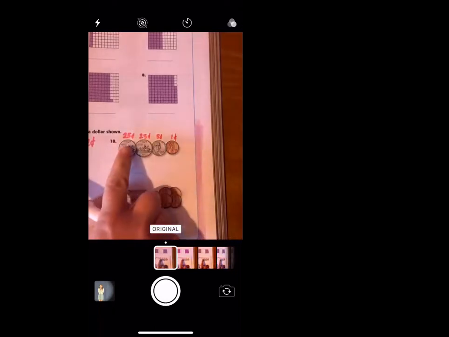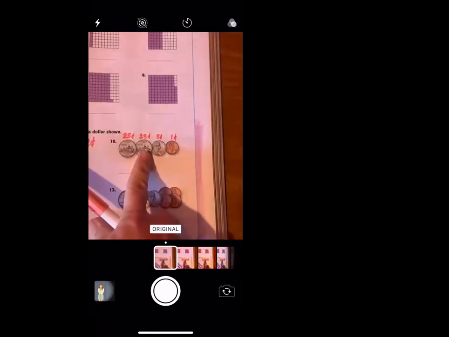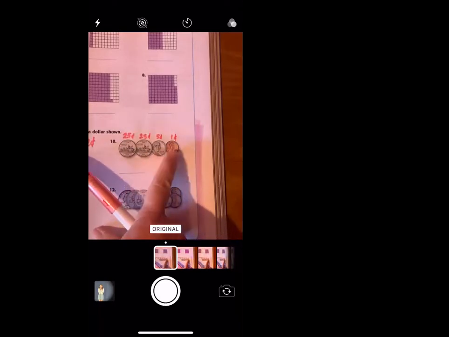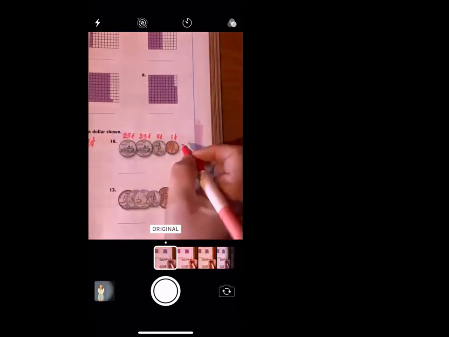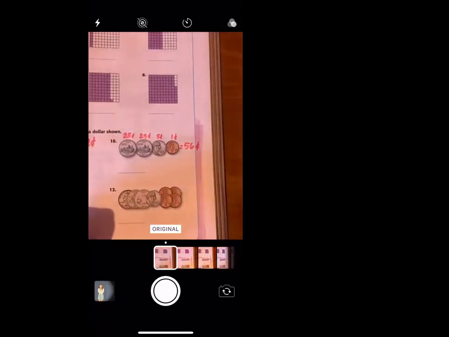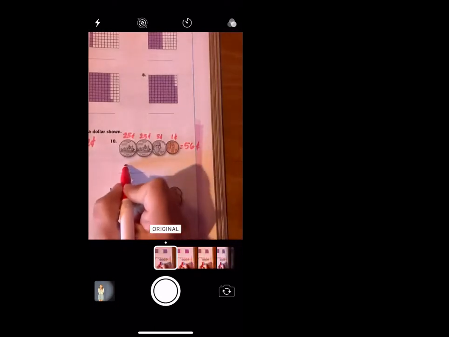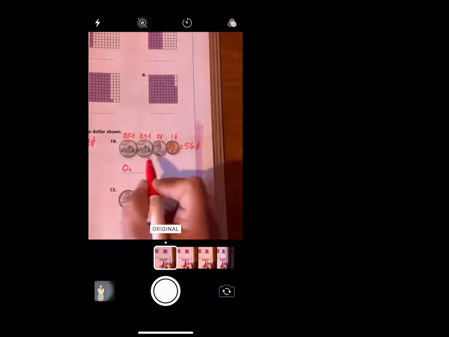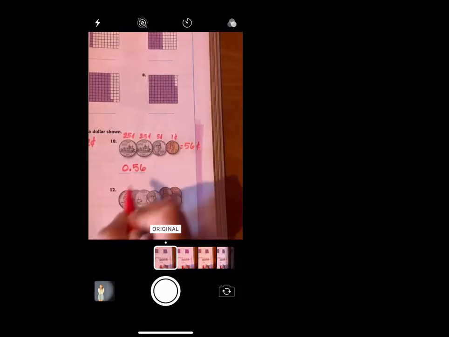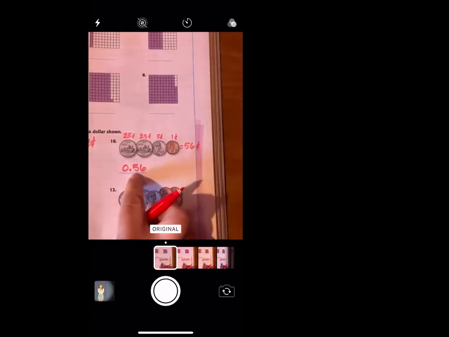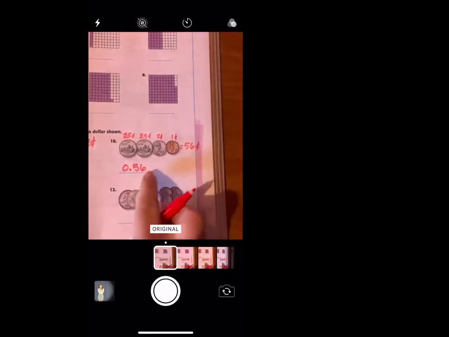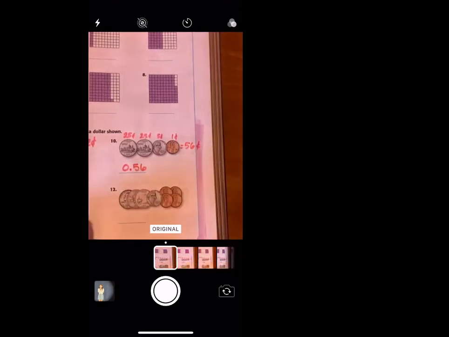Okay, so if I have 25 cents and another 25 cents, that's 50 cents. Plus another 5 is 55. Plus another penny is 56 cents. So this is worth 56 cents. So as a decimal, I have 0 whole dollars, and then I have 56 hundredths, 5 tenths in 56, and 6 hundredths in 56. Okay, so 56 hundredths represents that dollar amount.